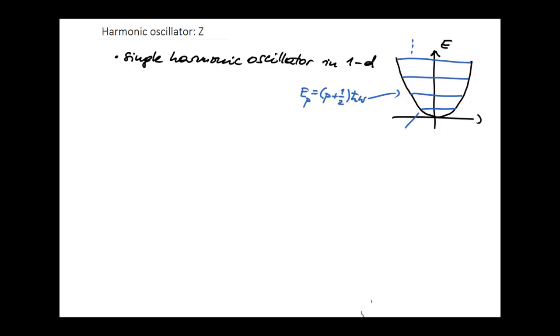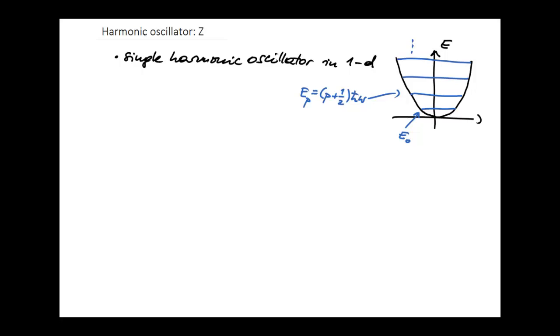So down here you have the ground state, E0. The energy of the ground state is simply 1/2 h bar omega, where omega is the frequency that characterizes your harmonic oscillator.